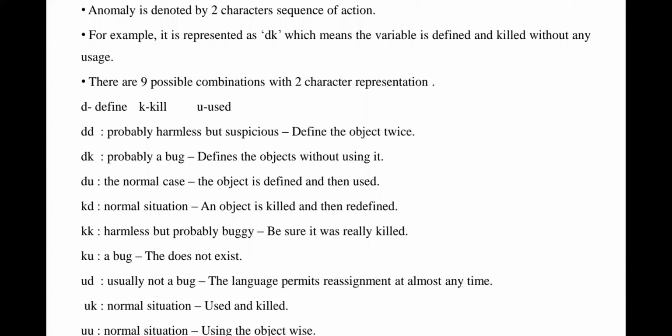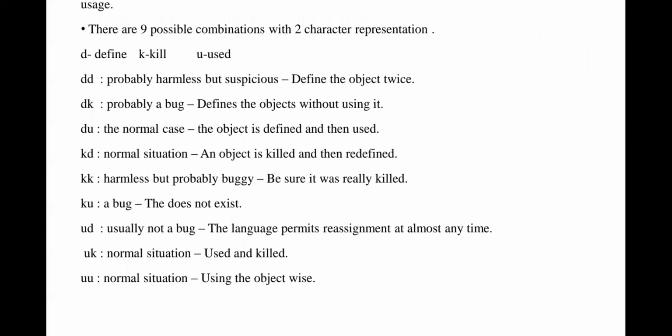By using these 3 characters, we get 2 character combinations in 9 different ways. So anomalies are represented in 9 possible combinations with two characters. These are the different anomalies.